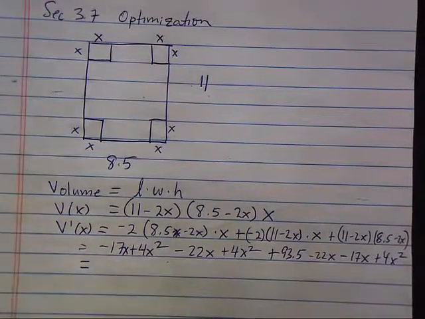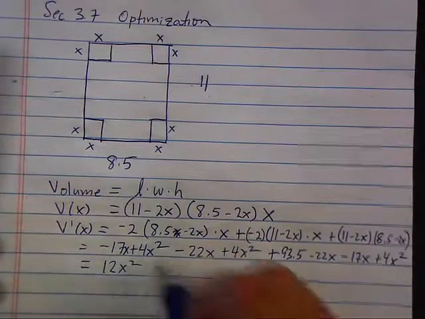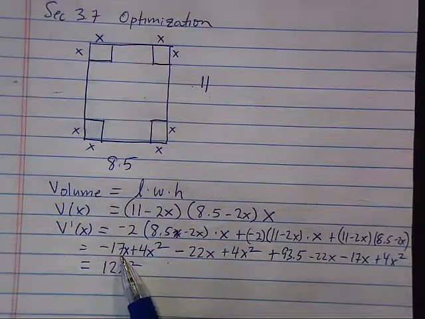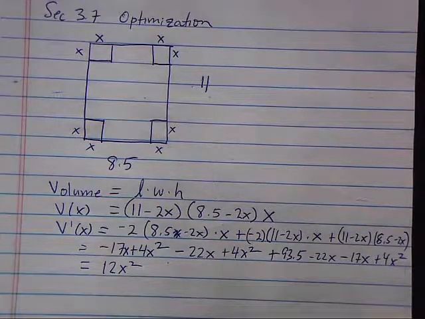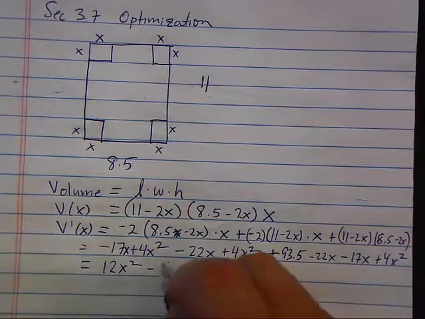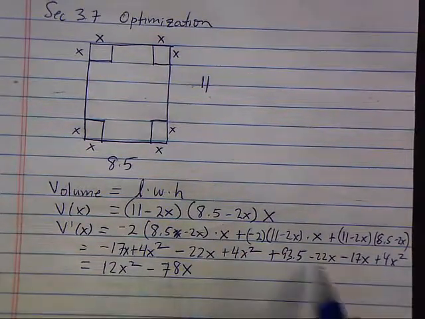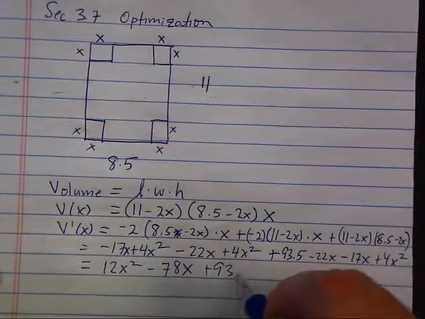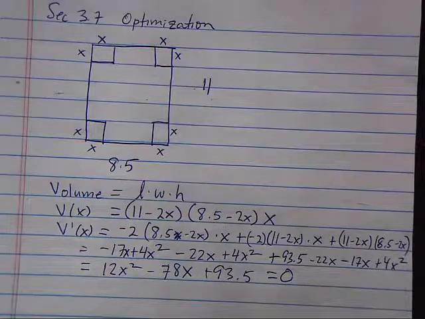So it looks like I have 12x squared minus 78x plus 93.5. And I need to set that equal to 0 and I need to solve it. Quadratic formula.